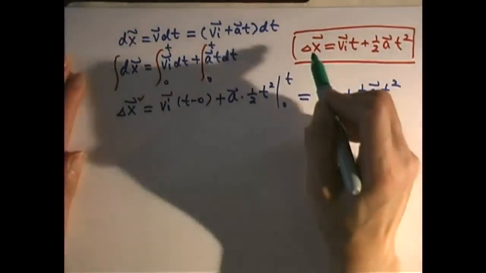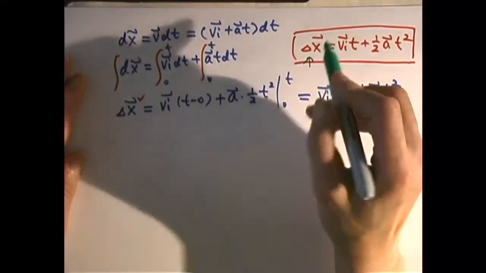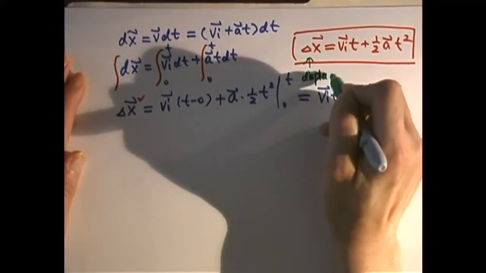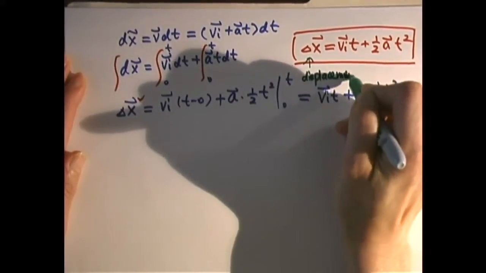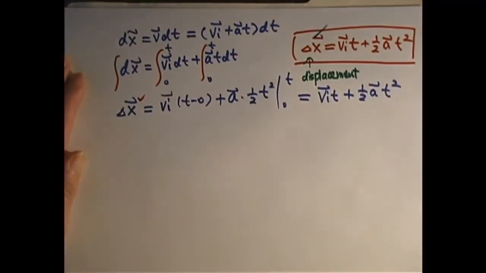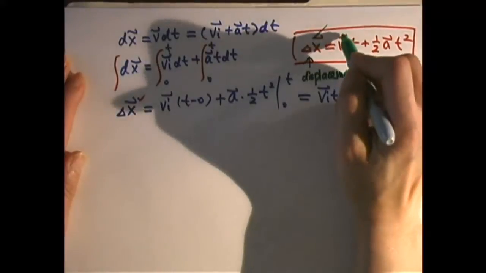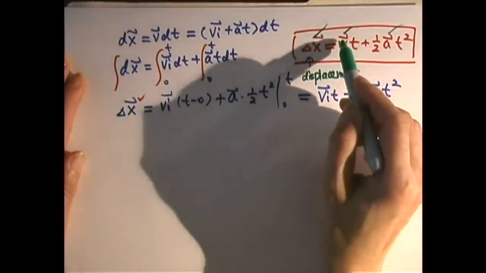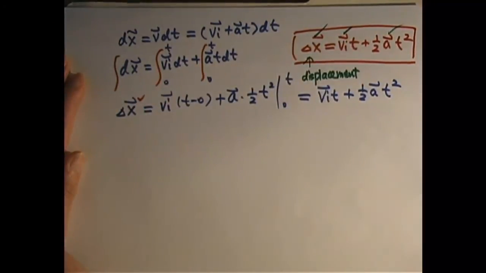Number one, delta x is change of position, I always say displacement. So it's a vector. That's why we have an arrow. Initial velocity, since it is velocity, that's a vector. Acceleration, that's a vector. So we have three vectors: vector, vector, vector.